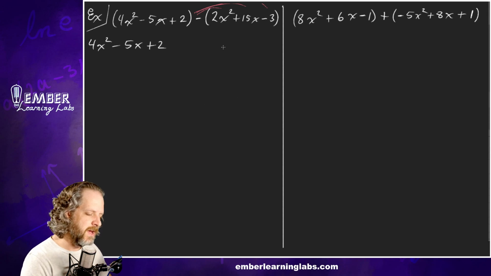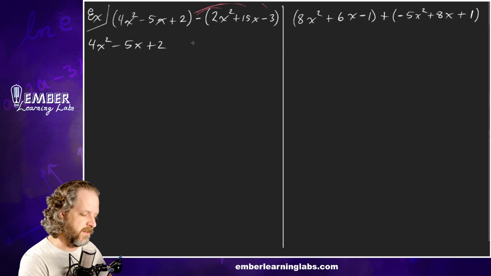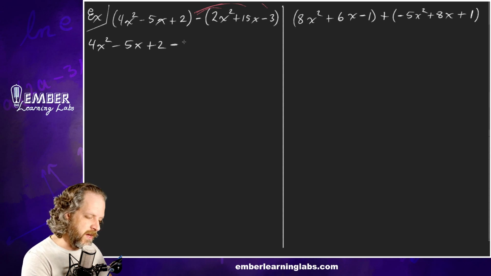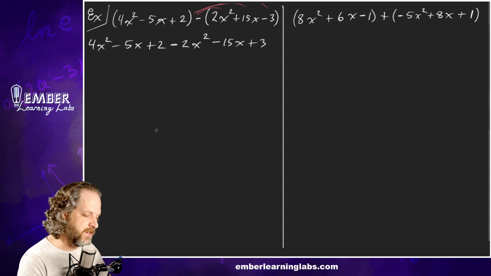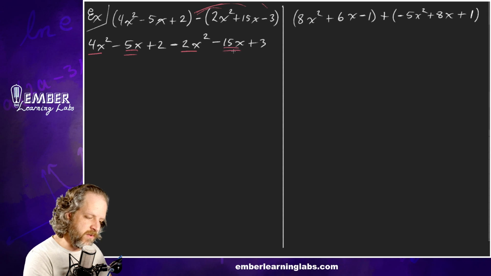And then when we distribute that negative, remember that pretty much just flips those signs, right? So this is going to turn into negative 2x squared minus 15x plus 3. Now we're going to look for like terms. This is like with that. This one is like with this one because they're just a single x. And these ones with no x are alike.